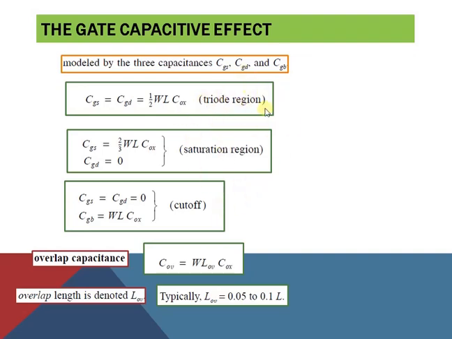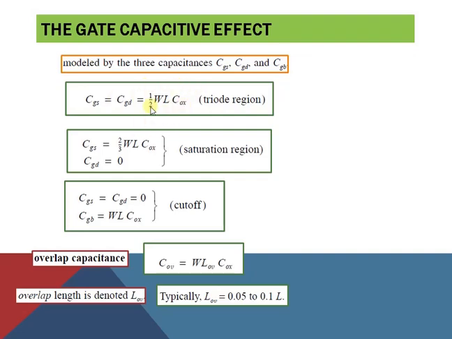So in the triode region, at a very small value of drain to source voltage, the channel will be of uniform depth and the gate channel capacitance will be equal to WL into COX, and this is divided equally between the source and the drain ends.